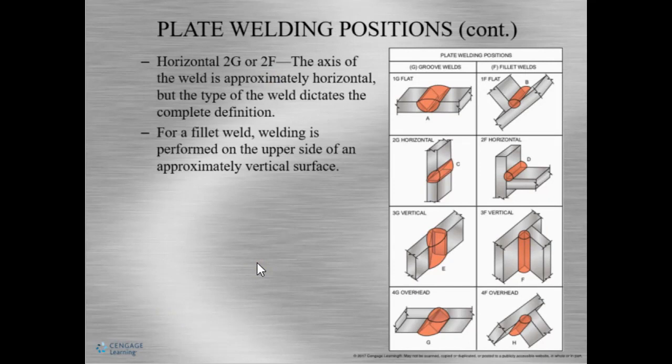So a joint that is 2F is what? 2F is horizontal and it is a fillet. And we can see how a change in the position changes the way our weldment is sitting.